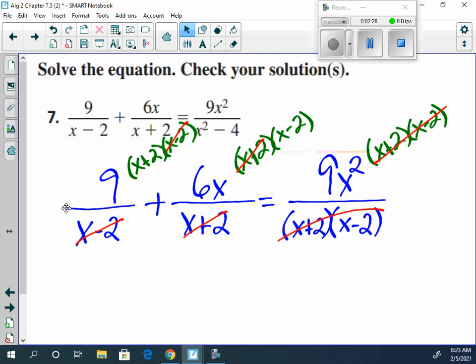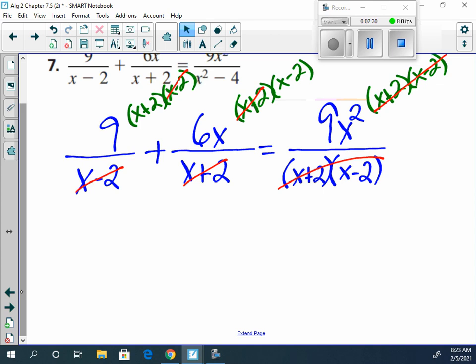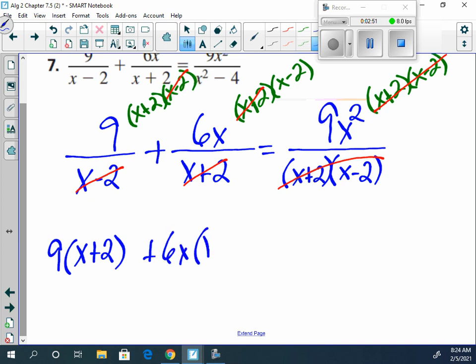Unlike the one we finished with yesterday, where we ended up doing our multiplication of those two and had one left over, we've got everything taken care of. So let's see what's left after we did that multiplication. Well, we have 9 times x plus 2 plus 6x, equals 9x squared.